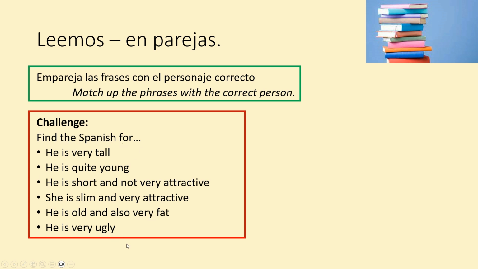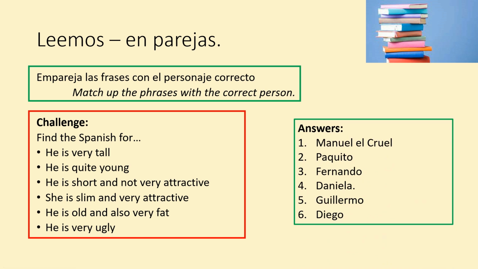Okay? Here are your answers for the people. Oh, hopefully you didn't press that too early. Hopefully you paused it before showing the answers. The challenge, I'm going to read them to you. So you're going to mark them as if it's a dictation, okay? So we should have es muy alto, es bastante joven, es bajo y no muy atractivo, or maybe it's guapo in the text.